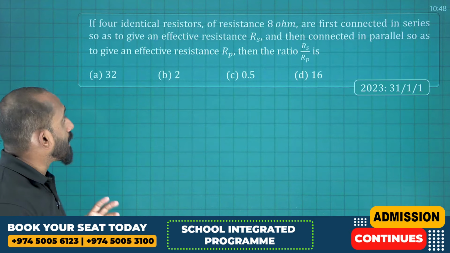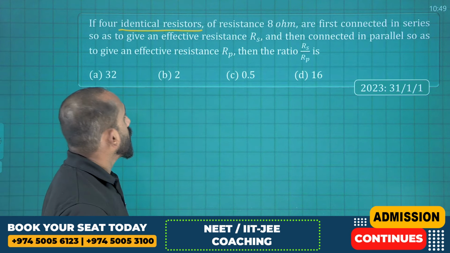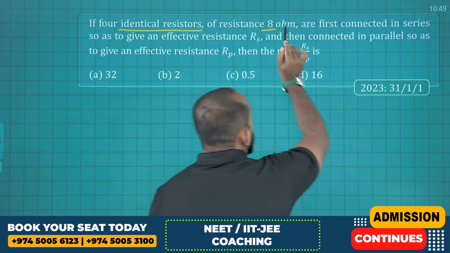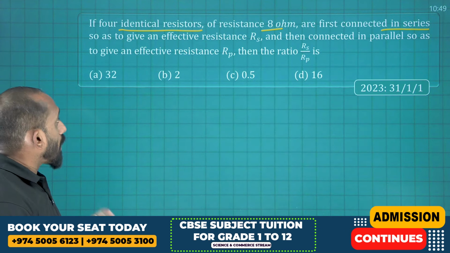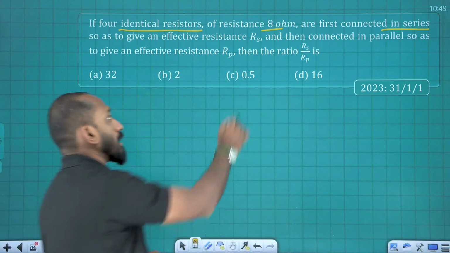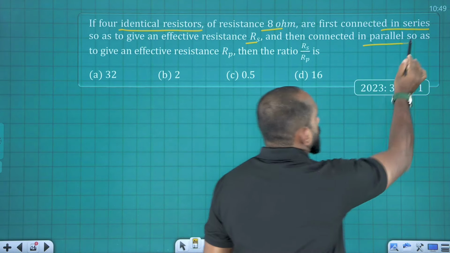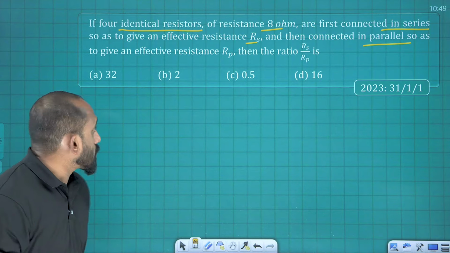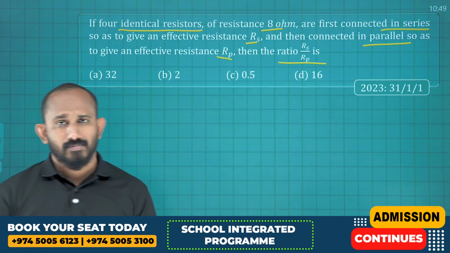If 4 identical resistors, all of the same resistance value of 8 ohm, are first connected in series so as to give an effective resistance of RS and then connected in parallel so as to give an effective resistance RP, then the ratio RS by RP is very easy.